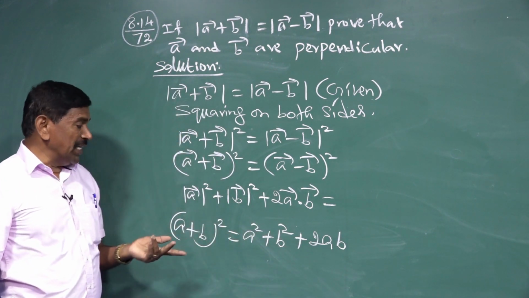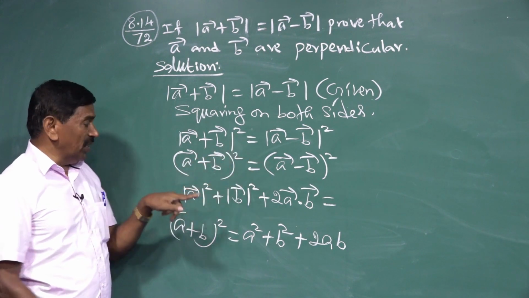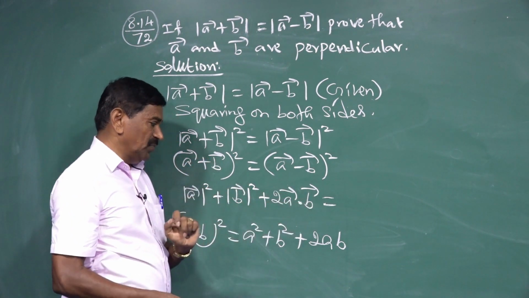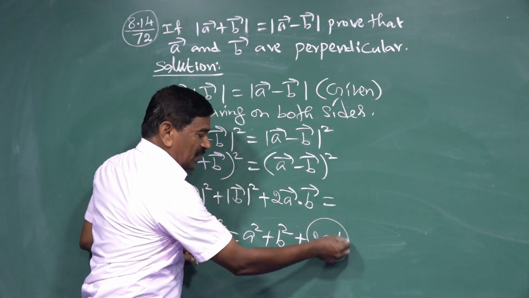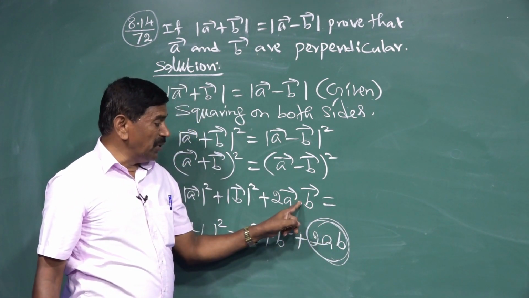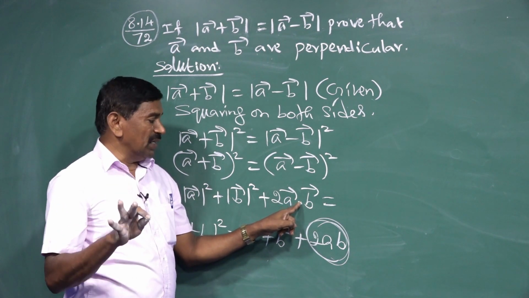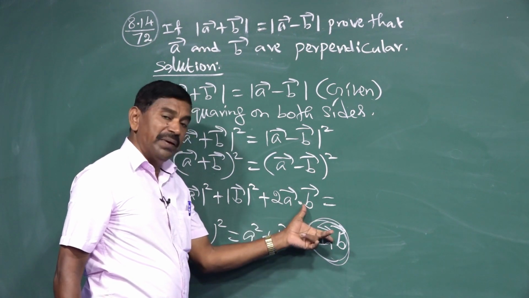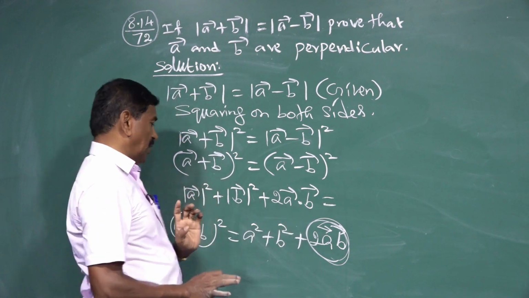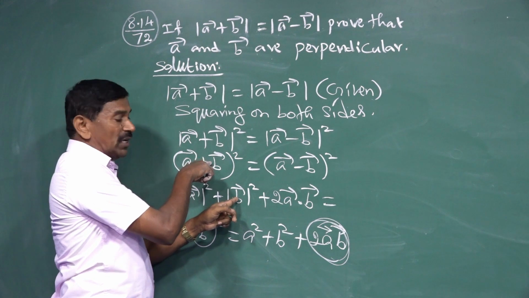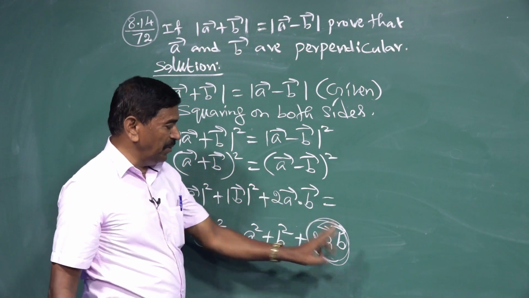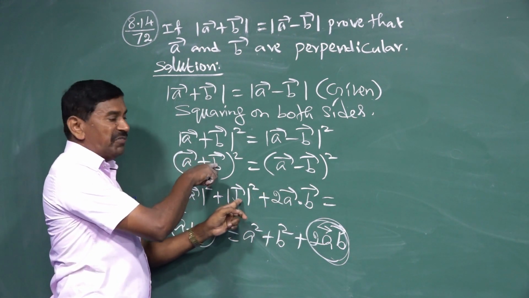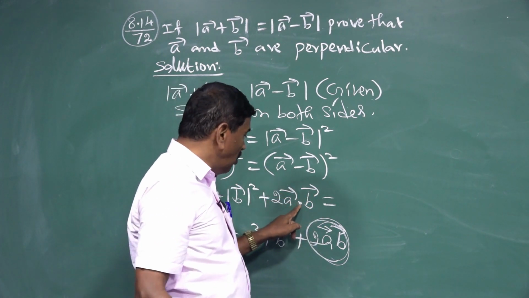But in vector algebra, (A vector plus B vector) the whole square is equal to modulus A vector square plus modulus B vector square plus 2 A vector dot B vector. In algebra it is just 2AB, where multiplication is understood. But in vector algebra, between two vectors, some relation should be present, otherwise it becomes meaningless. If you simply write A vector B vector, it is meaningless. The middle dot makes it meaningful, so this dot is very, very important. Don't write simply A vector B vector.